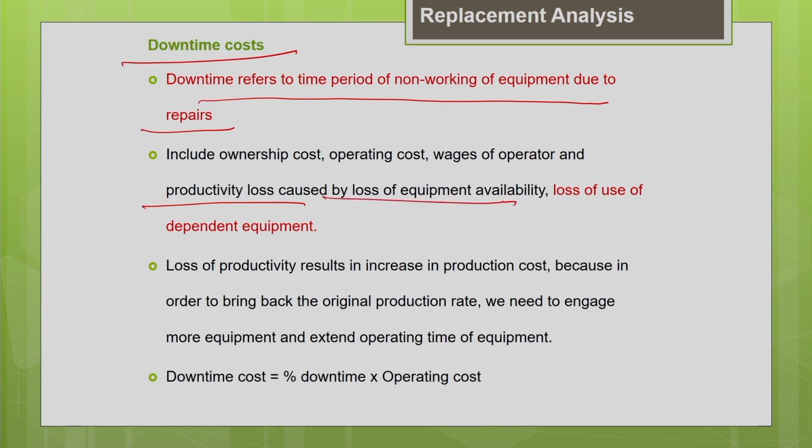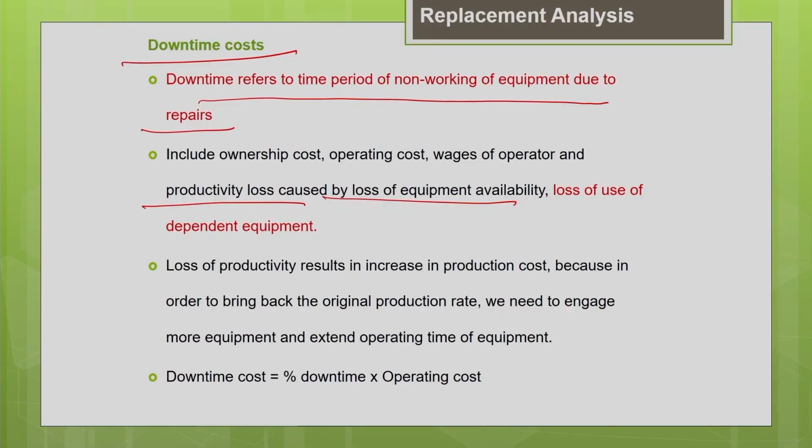To explain that more clearly, say for example your machine has spent sufficient time in the repair yard. Because of that, we are going behind our production schedule. Once the machine comes back from the repair yard to the project site to resume the service, we are already behind schedule.